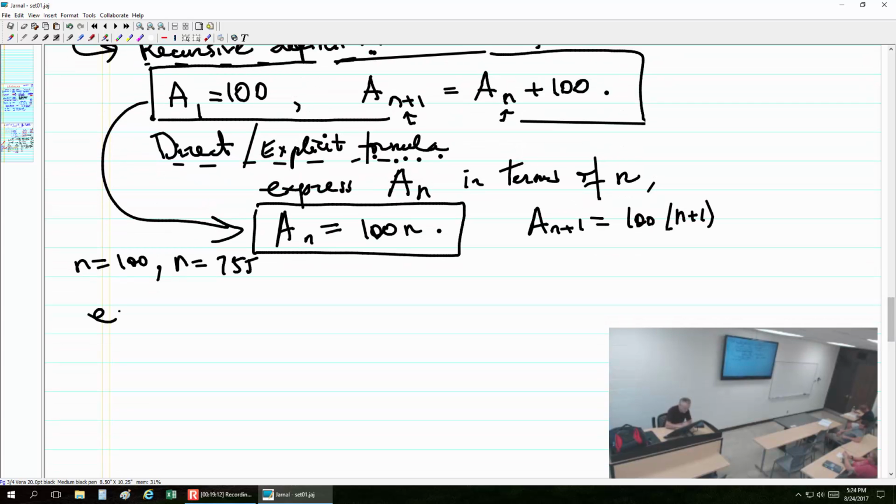Same situation. You have a 5% APR, with, to be specific, say $100 in the beginning.